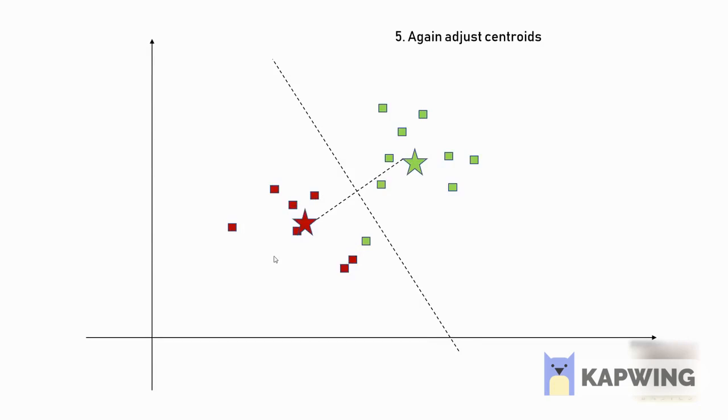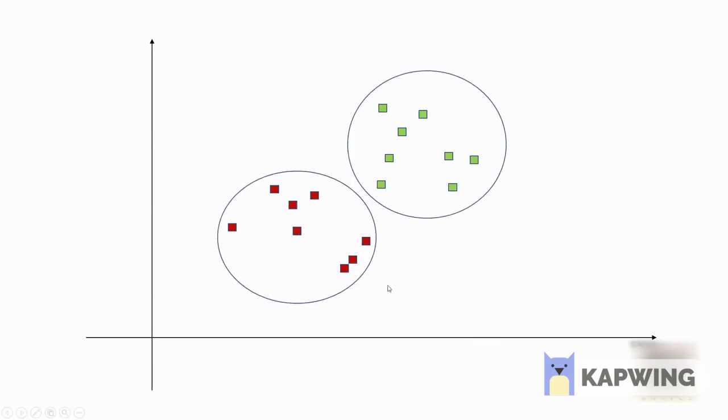You just recalculate your centroids, then recalculate the distance of individual data points from these centroids, and readjust the clusters until the point that none of the data points change the cluster. So here right now, see, there is only one green which is changing its cluster, so now it's in red. But after this we are done. Even if you try to recompute everything, none of these data points will change their position, hence we can say that this is final. So these are now my final clusters.